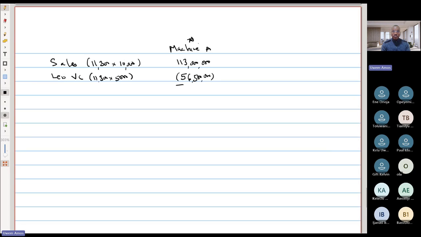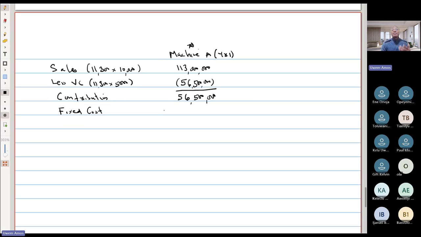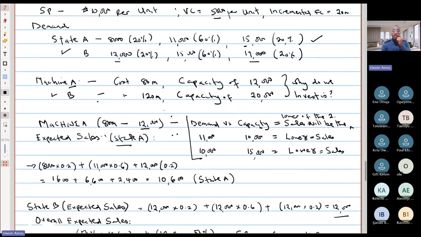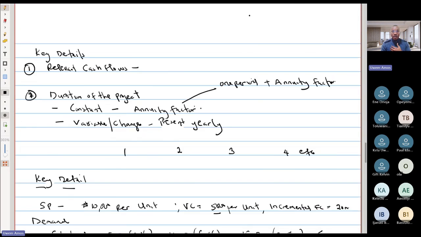Okay, so sales minus variable cost gives us our contribution, which is 56,500. This is machine A for year one. We now less our fixed cost, which is our incremental fixed cost, what we're interested in, which is the additional fixed cost from our decision.